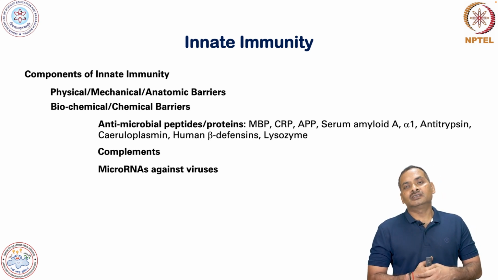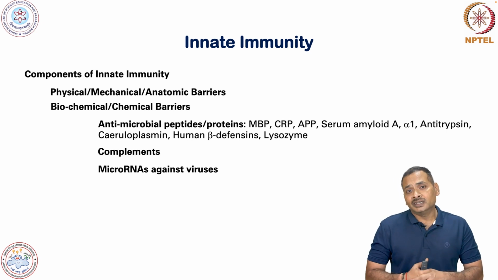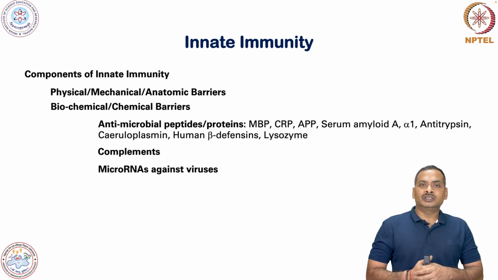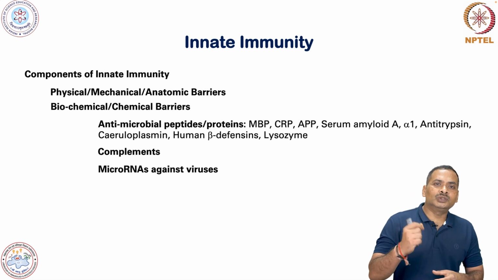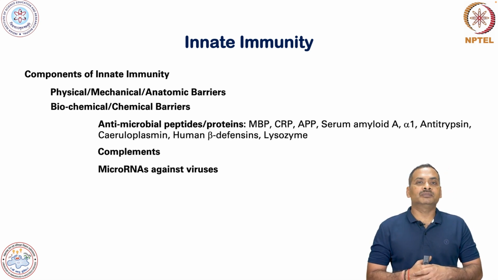Another way is that when there is a virus infection, the microRNA can bind to a negative regulator of the innate immune signaling pathway. When it binds to the negative regulator, what will happen?